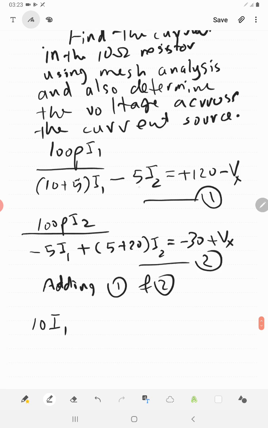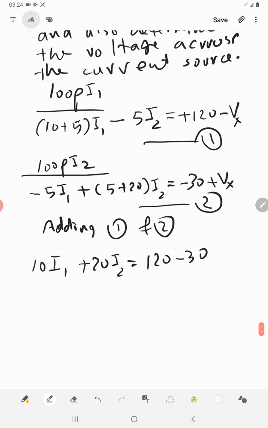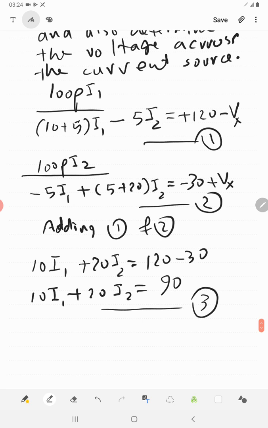And here we have minus 5 I2, and here we have 5 plus 20 I2, we get plus 20 I2, equal 120 minus 30, and minus Vx and plus Vx will go. So we have 10 I1 plus 20 I2 equal 120 minus 30 is 90. And let's say this is equation 3.